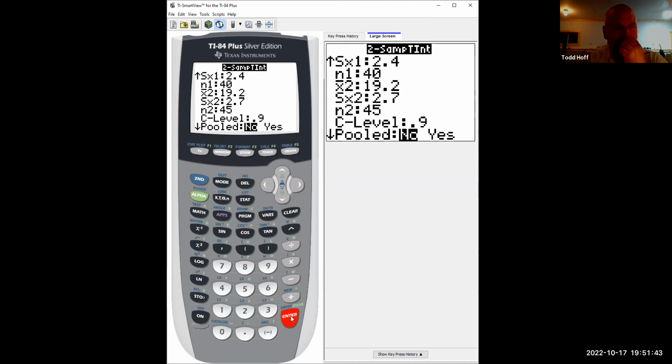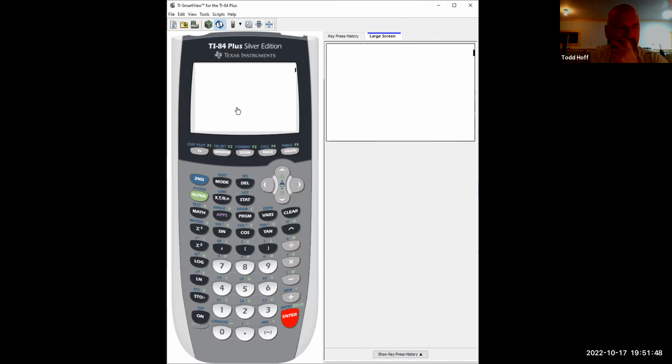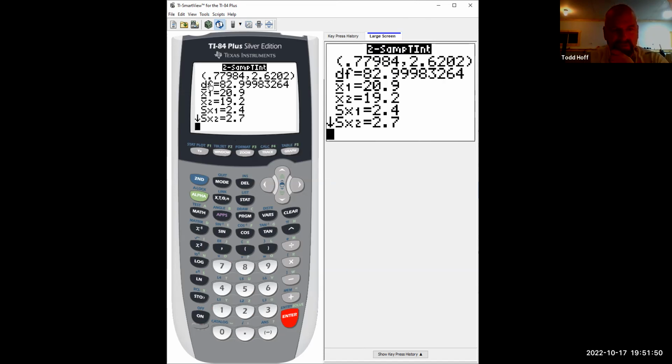Pooled, always no, we'll make the calculator do the hard work. We hit calculate, and there it's going to tell us that the difference is between 0.7798 and 2.620. Since the 2 is in that interval, it's possible that there is a difference of 2. So that would confirm our statement that we were unable to reject the null hypothesis there.